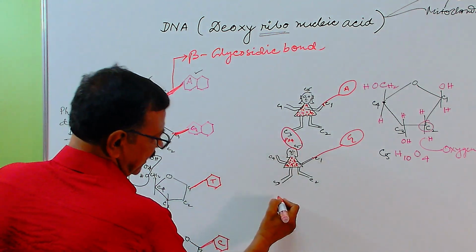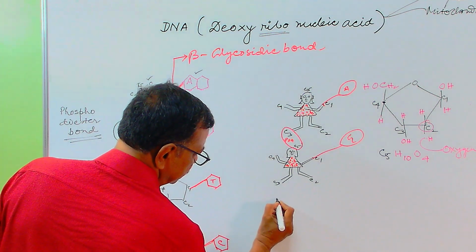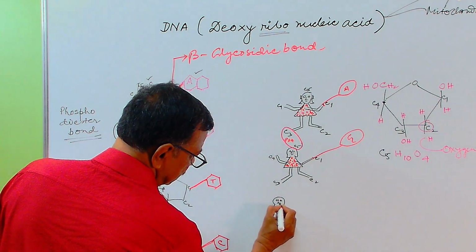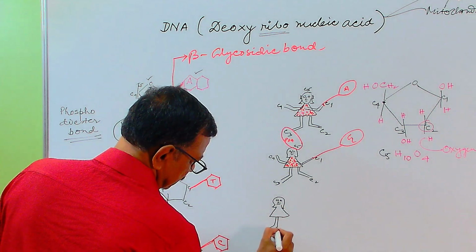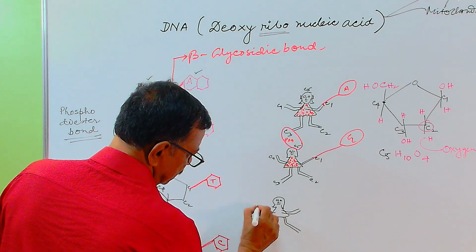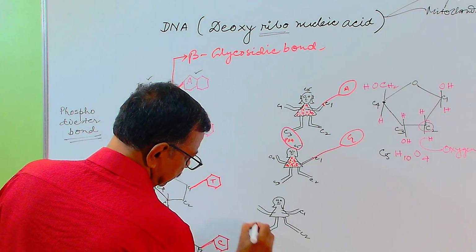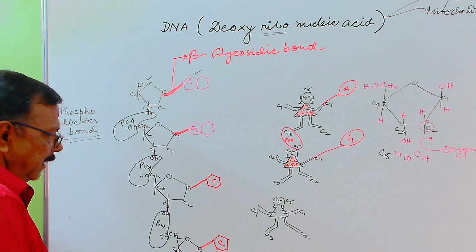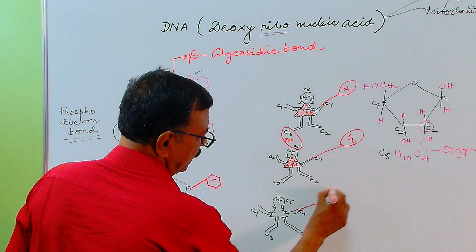Another C3, then here it will be C5 again. Again, this C1 will hold another balloon.